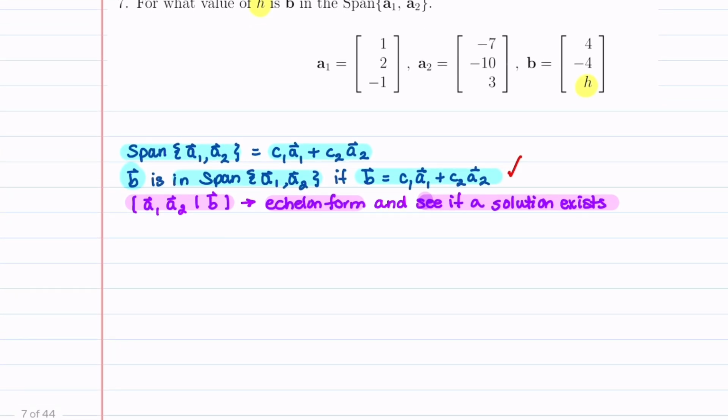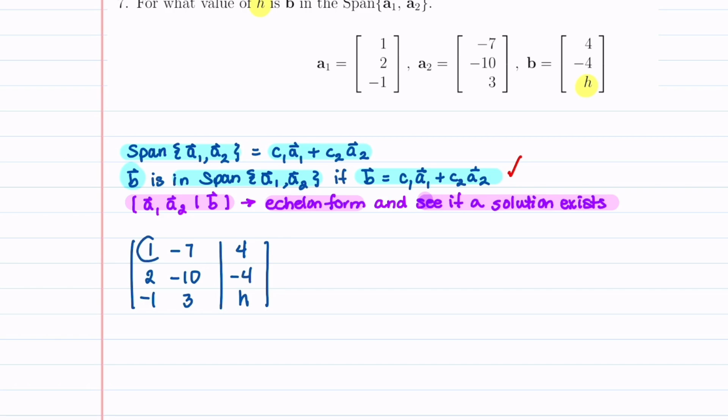Let's take a matrix, and we're going to put a1 in our first column, and then a2 in our second column, and then we're going to augment that on the right with our vector b, 4 minus 4h. Now what we have to do is put this matrix in echelon form.